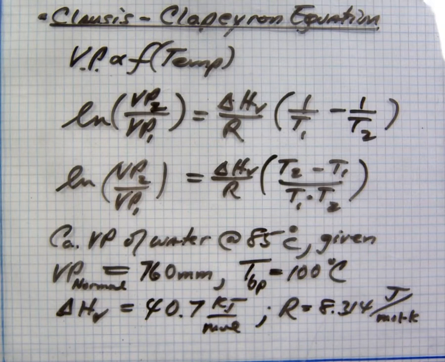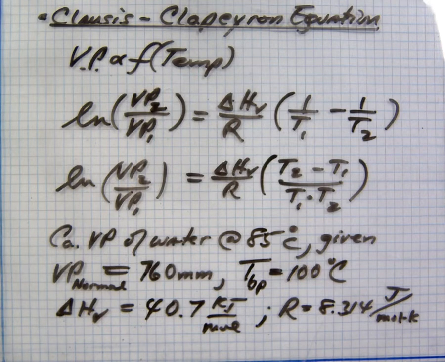Okay, this is the kind of problem you'll have to deal with on the test, and it's very straightforward if you learn the equation. Calculate the vapor pressure of water at 85 degrees, given the normal boiling point vapor pressure is 760 millimeters. You'll need the heat of vaporization under normal conditions, 40.7 kilojoules per mole, and your R value.